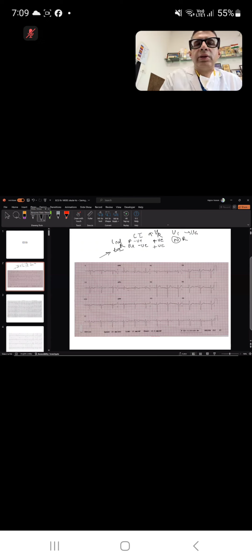Okay. Now if you have a dextrocardia, again P is negative, QRS is negative, aVR, P is positive, and QRS is positive. So it is almost equivalent to lead reversal, but there is R wave regression.